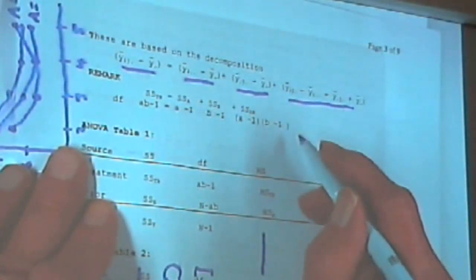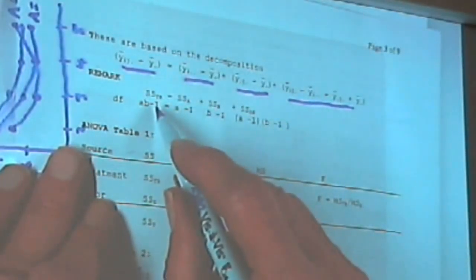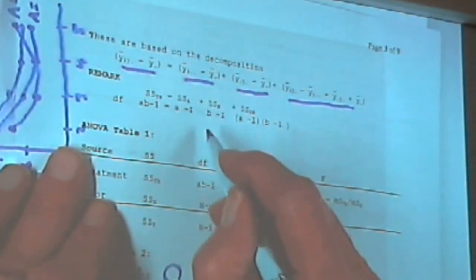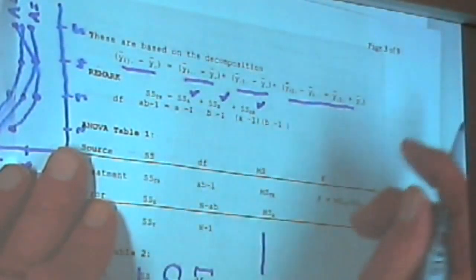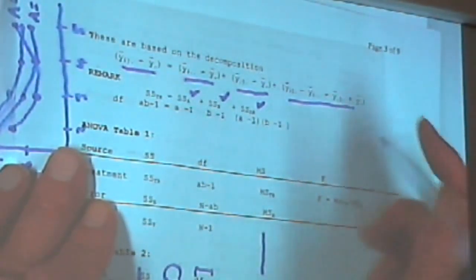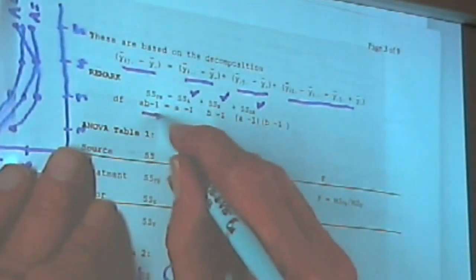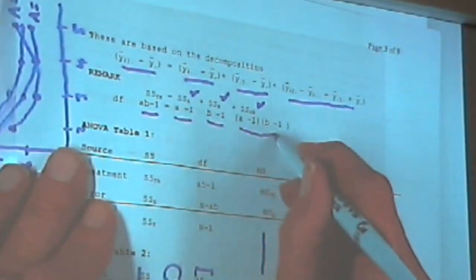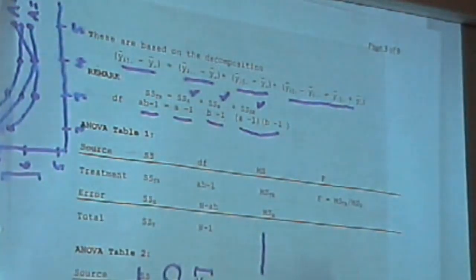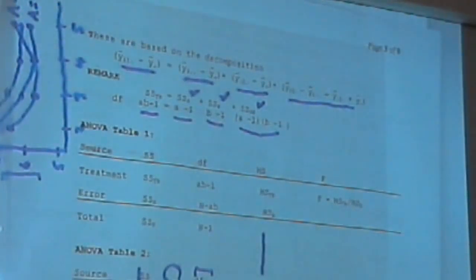So there's a remark that says the sum of squares treatment is decomposable into the sum of these three pieces. And here's their appropriate degrees of freedom. And you can check that the degrees of freedom on the right side of the equation add up to what we have on the left side of the equation.